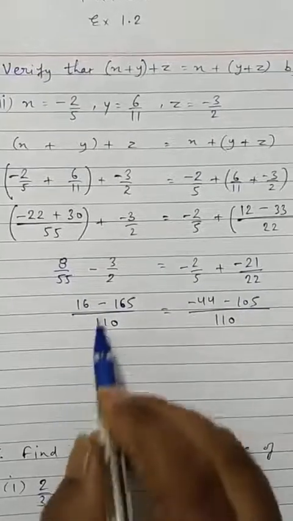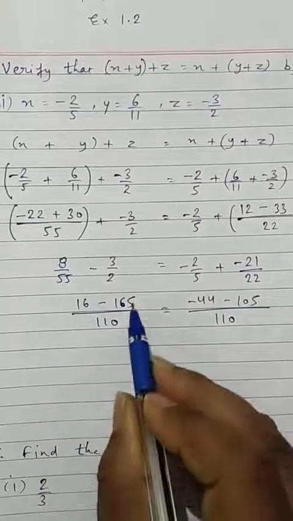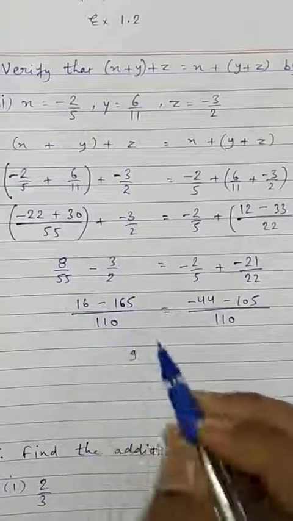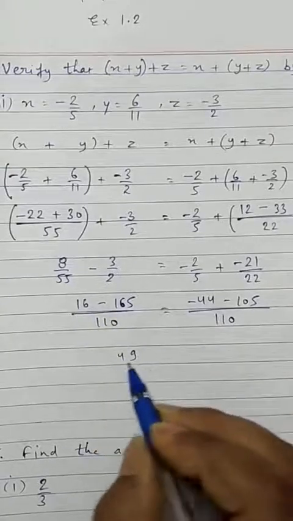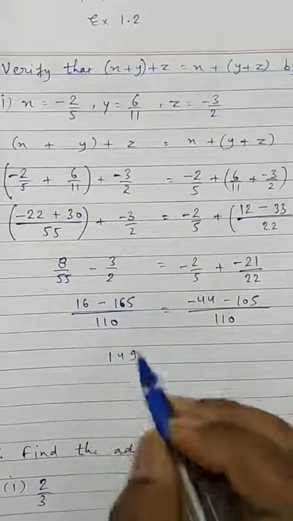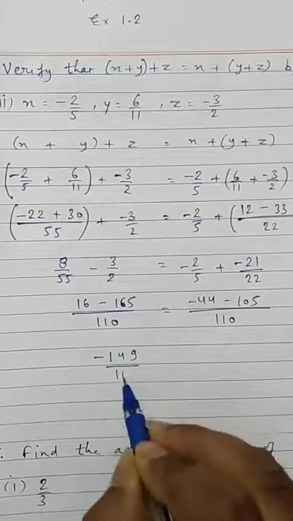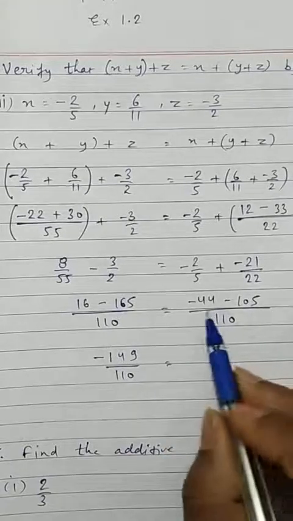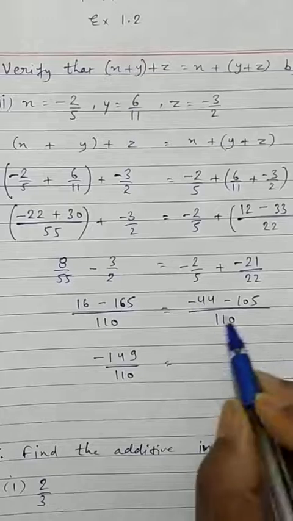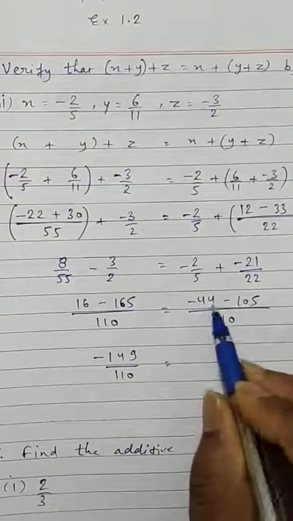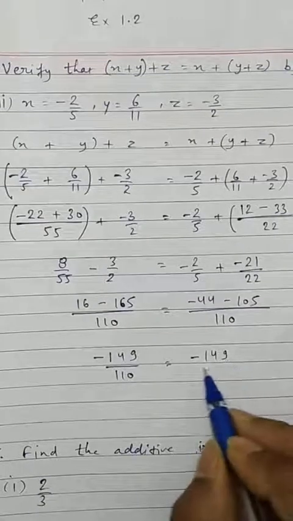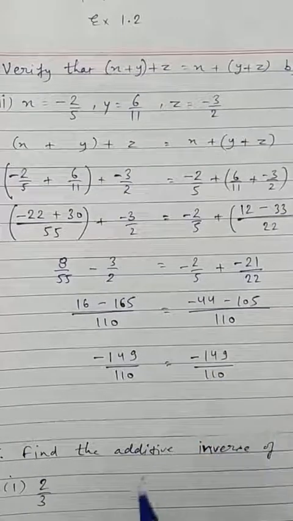Now when we subtract this, 15 minus 6 is 9, 5 minus 1 is 4. A larger number has the negative sign. Again, we have the same sign here, so we'll add these two numbers. So 105 plus 44 gives you minus 149 upon 110.